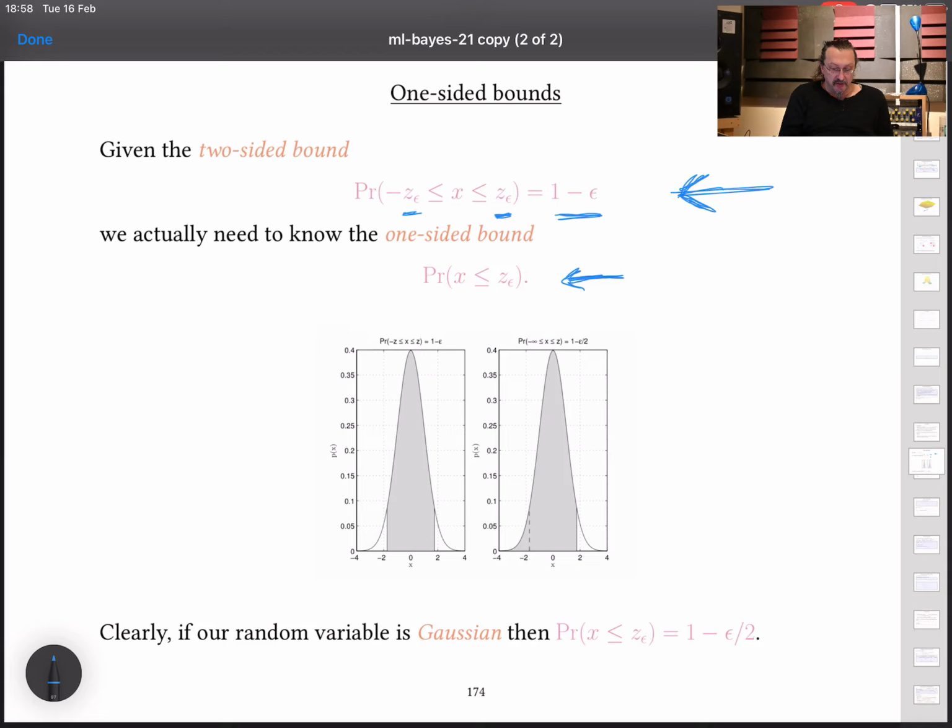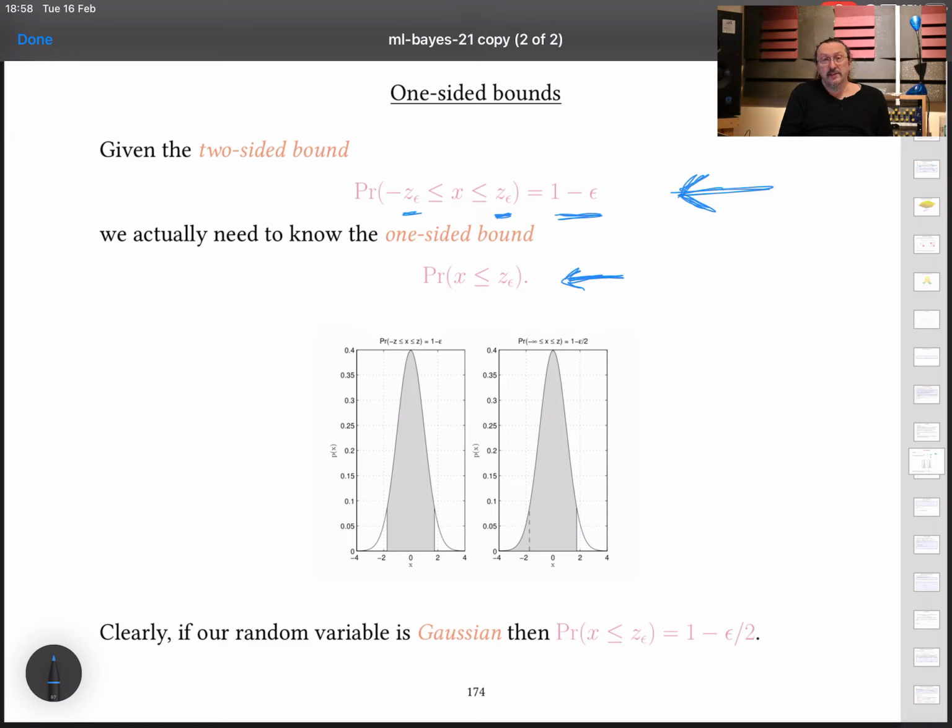The two-sided possibility is illustrated on the left here. What we're actually talking about is the probability that x falls within the shaded area. If we're only interested in x being bounded above, then we're interested in the shaded area in the graph on the right. Okay, so what that tells us is that the unshaded areas on the left together integrate to epsilon.